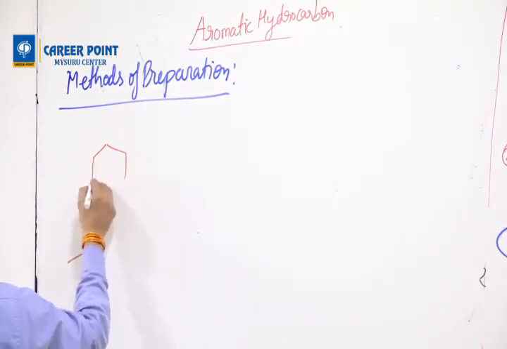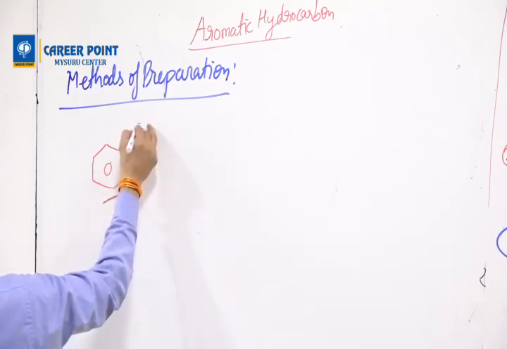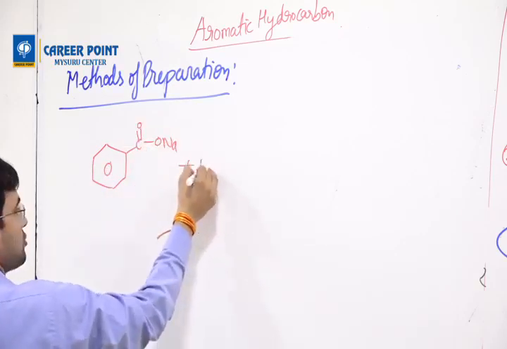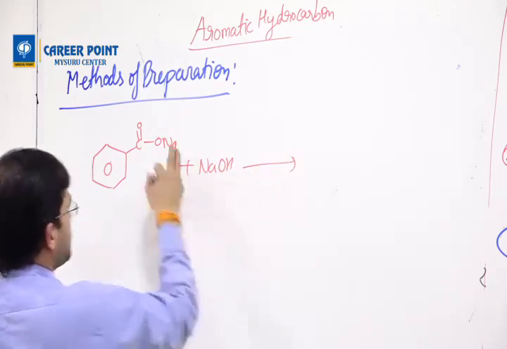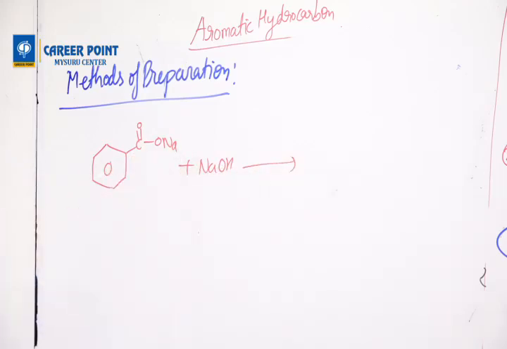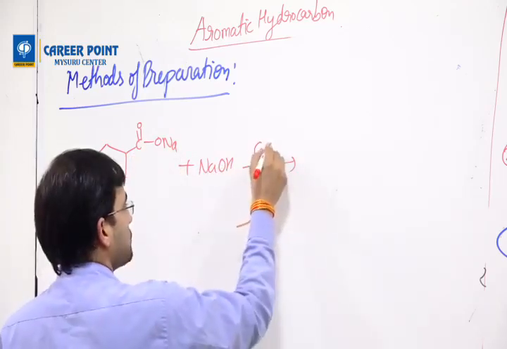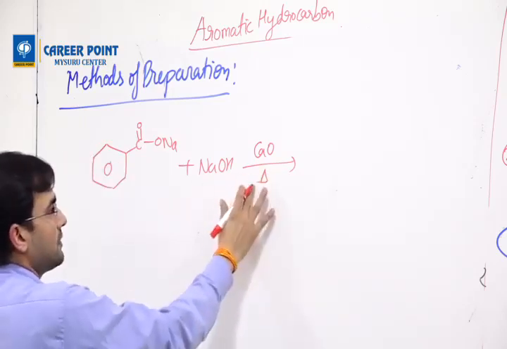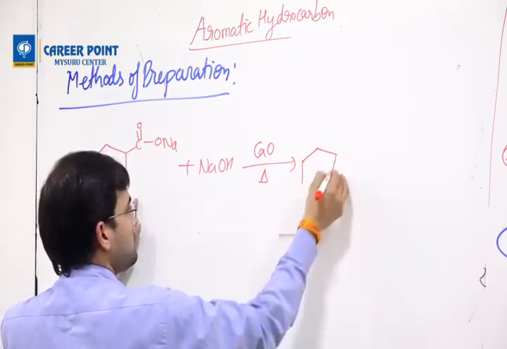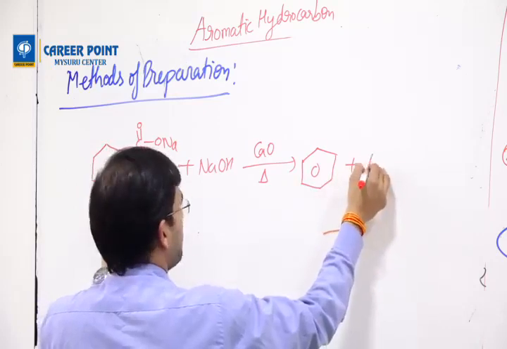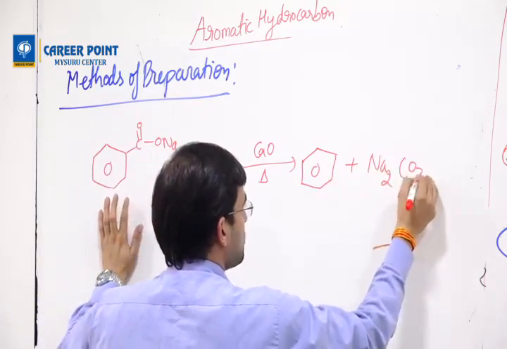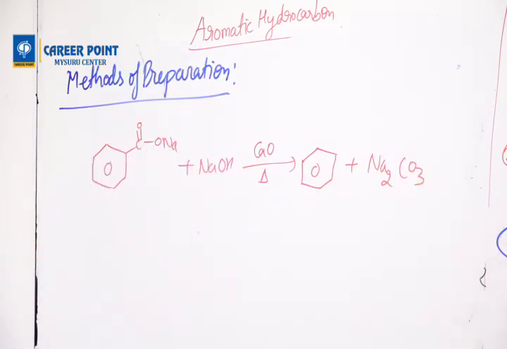The first one is known as: if you heat a sodium salt of benzoic acid in the presence of soda lime, then what we get? We get benzene, plus Na2CO3. This reaction I have written there also.